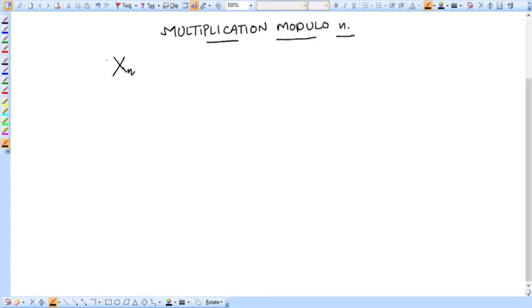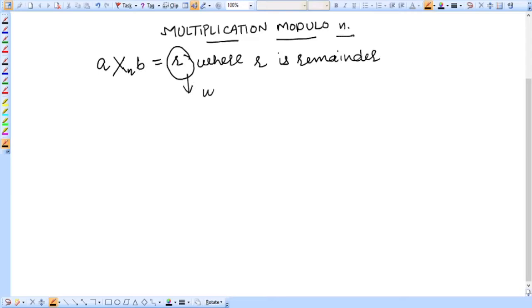And if a and b are two integers, then a multiplication modulo n b is equal to r, where r is the remainder which we get when ab is divided by n, okay?